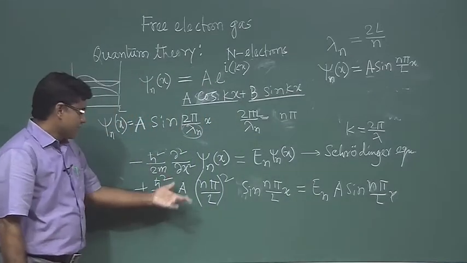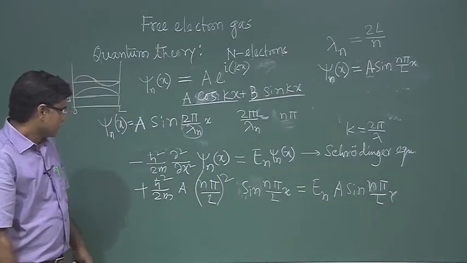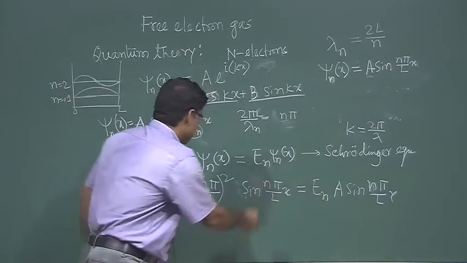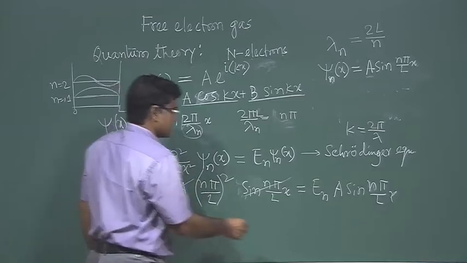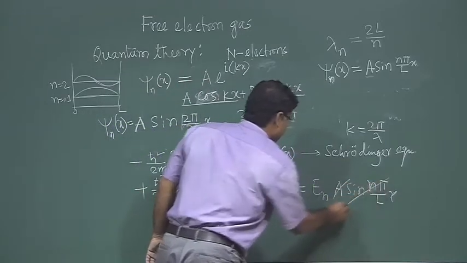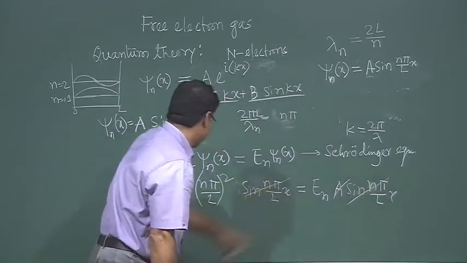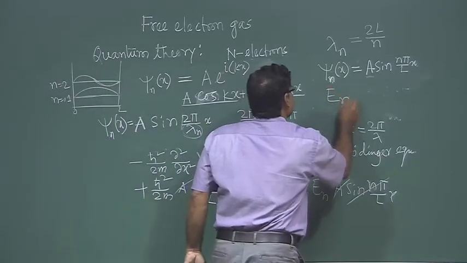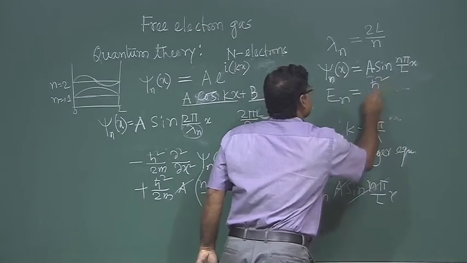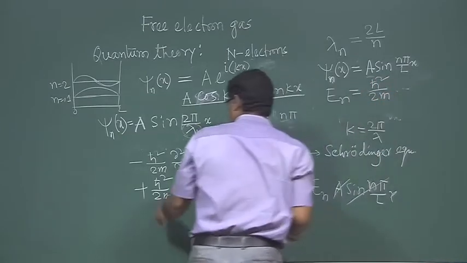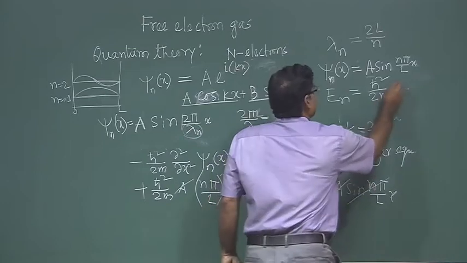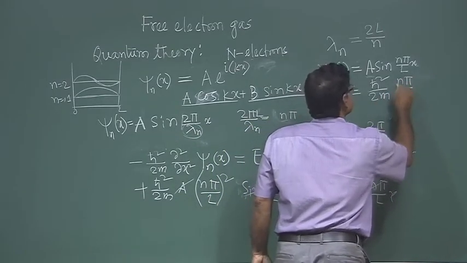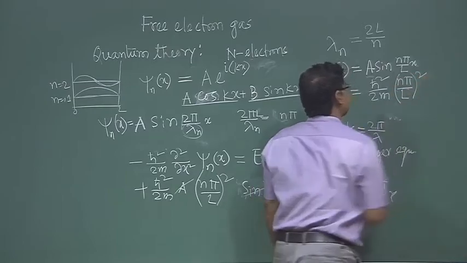So, from here what am I getting? You remove this from both sides. So, E n will be equal to h cross square by 2m times (n pi by L) whole square, right.